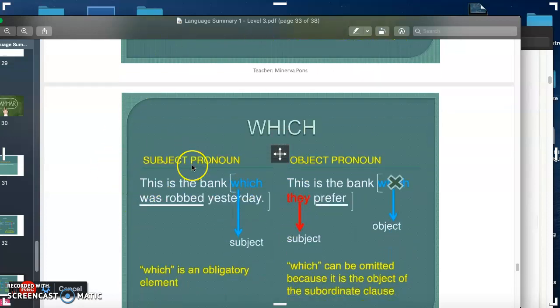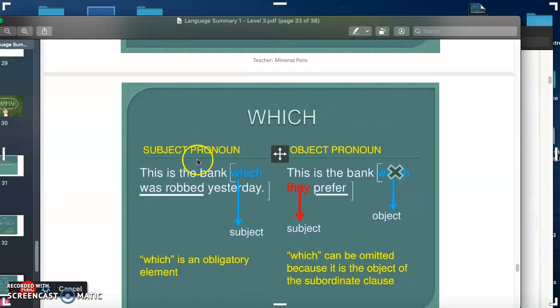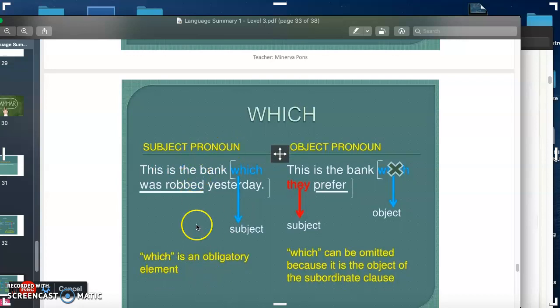When it's the subject, it's because this is the thing or the person, the object that we are talking about. If I say this is the bank which was robbed yesterday, we are saying that the bank is the subject because it was robbed. So which again is an obligatory element because we are using it as a subject pronoun.